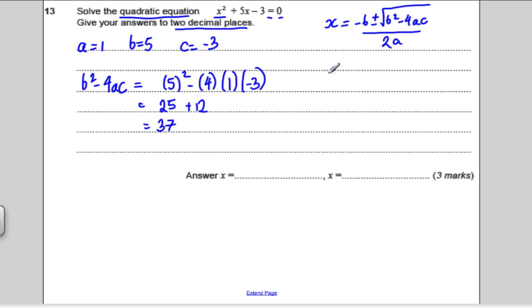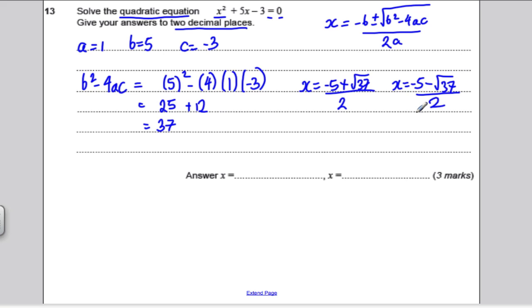So now, substituting straight into the formula, we can get our x. On the one hand, x is minus b, so minus 5 plus the square root of 37, over 2a, which is 2 times 1 is 2, or x is minus 5 minus the square root of 37, all divided by 2.